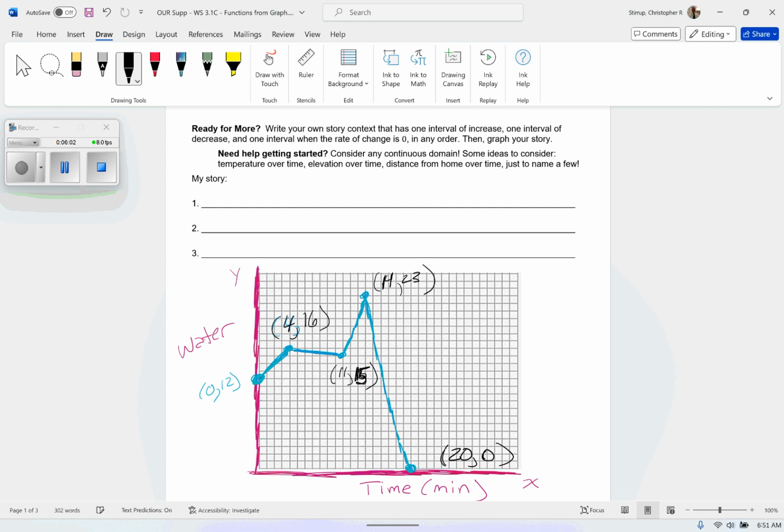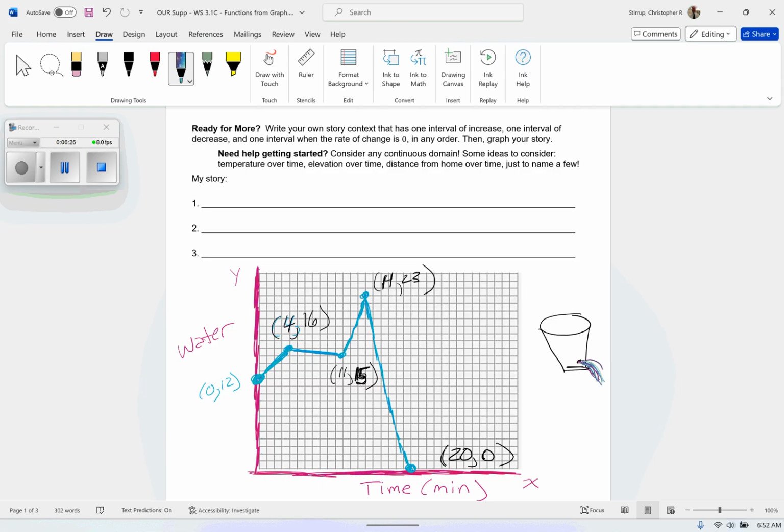Okay, so let's create a story. Let's say that we have a bucket with a hole in it. It's a little tiny hole, and that little tiny hole is allowing water to drain out.